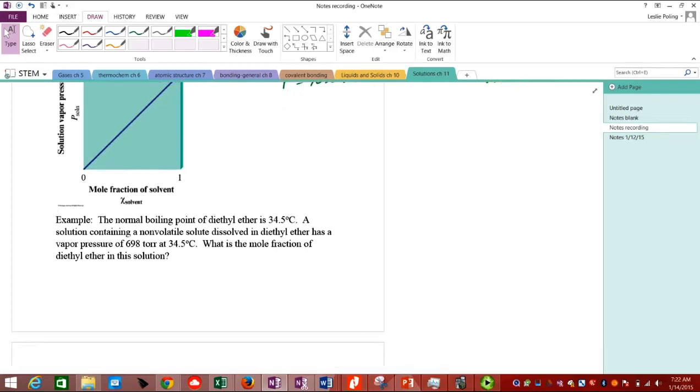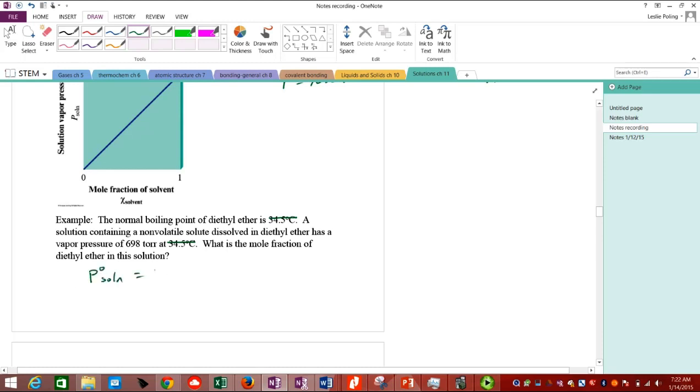So, the normal boiling point of diethyl ether is 34.5 degrees Celsius. A solution containing a non-volatile solute dissolved in diethyl ether has a vapor pressure of 698 torr at the same temperature. We don't need temperature. What is the mole fraction of diethyl ether? Well, the solution has a vapor pressure of 698.